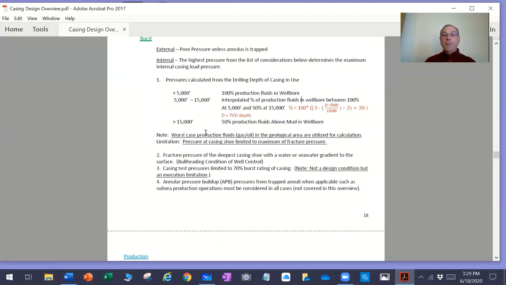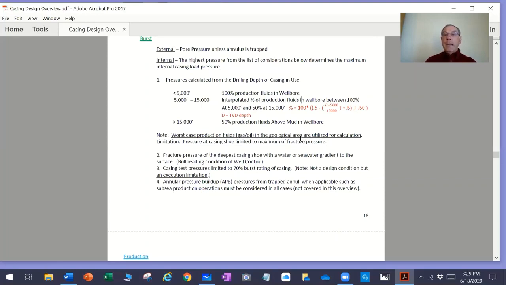Worst case production fluids, oil or gas in the geological area, are utilized for the calculation. And a limitation, here's something very important. The pressure at the casing shoe is limited to a maximum of the fracture pressure.